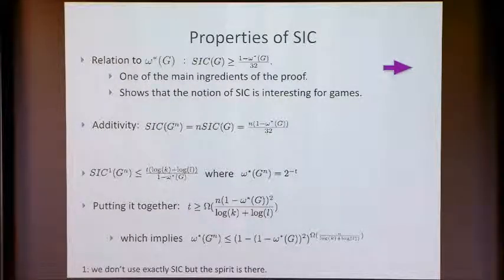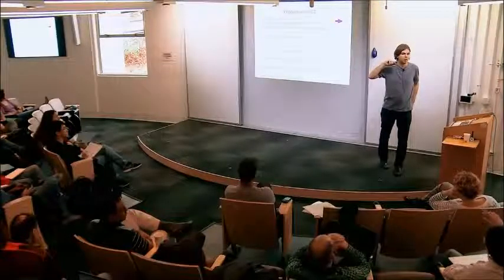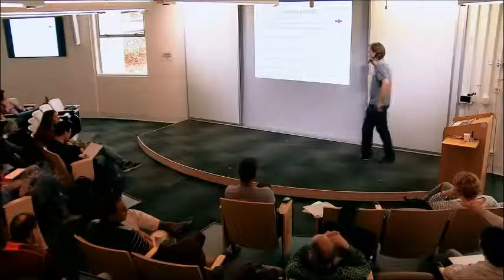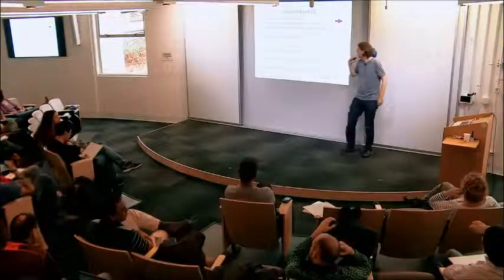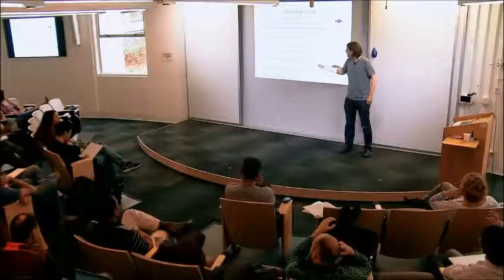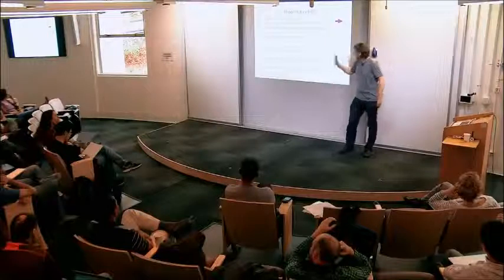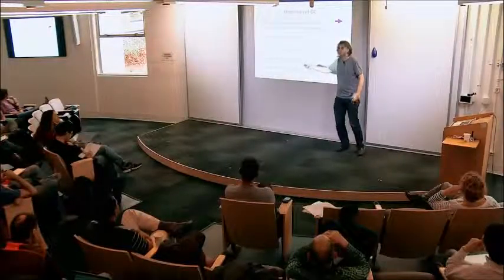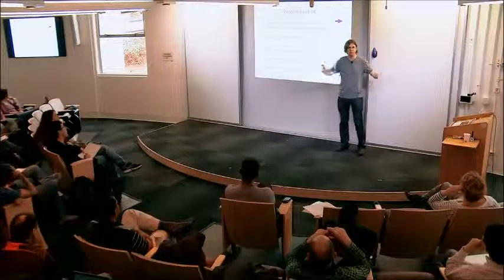Do you have an inequality in the same direction, an upper bound on sec of g^n, but only for one copy of the game? Okay, no. The answer is that this works only because g^n is a tensor product of n different games.